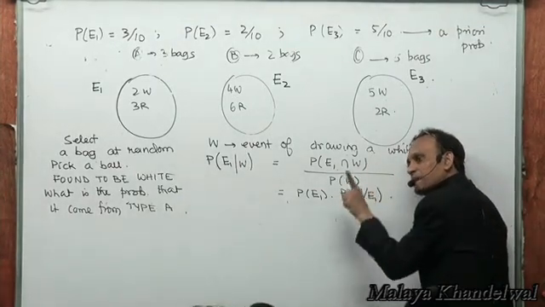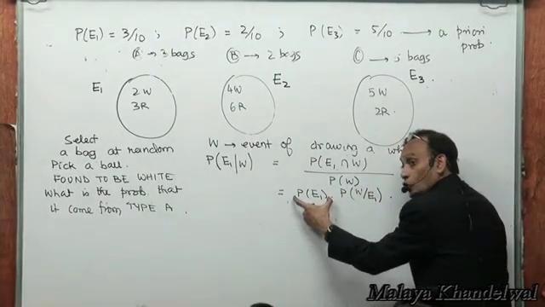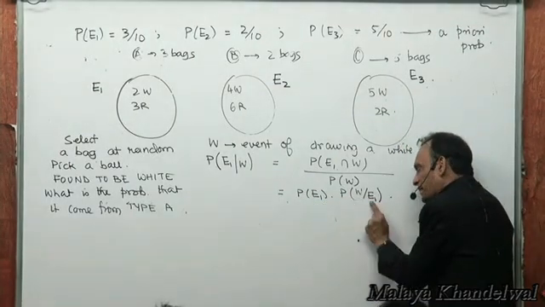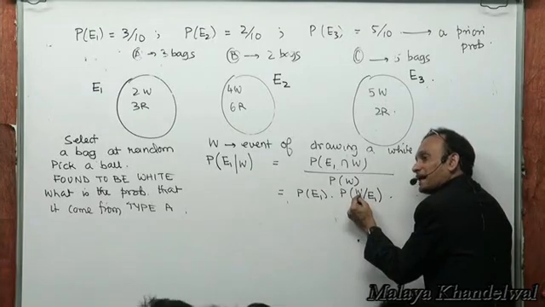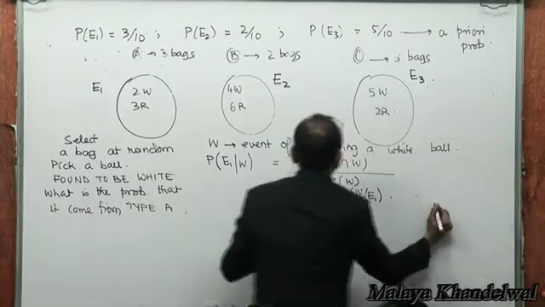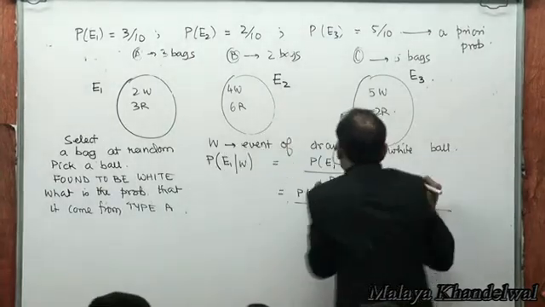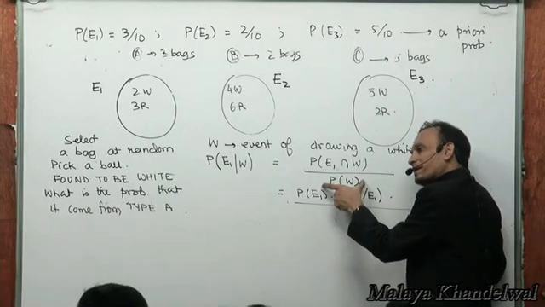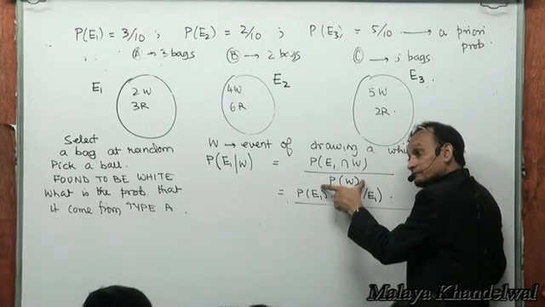That means type A bag. Probability of drawing a type A bag, and then having drawn a type A bag, what's the probability of picking up a white ball? That's the numerator, right? Divided by the total probability of drawing a white ball.